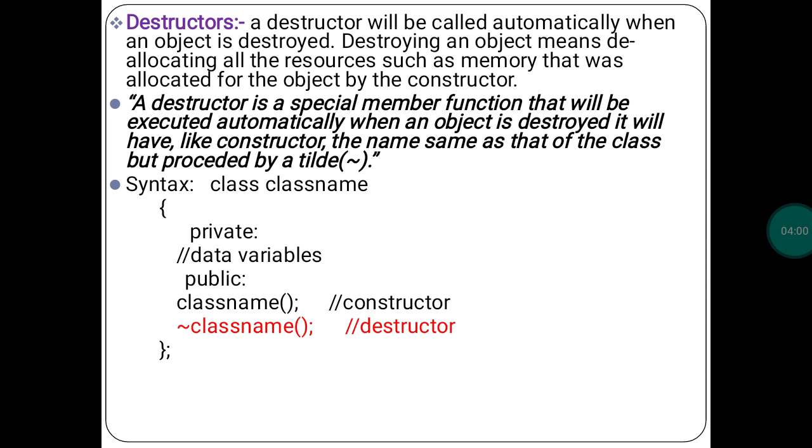Whatever data members there are, you declare them in private. Then public: the class name with open and close brackets is the constructor. On the next line, the tilde operator, class name, open and close brackets is called the destructor.